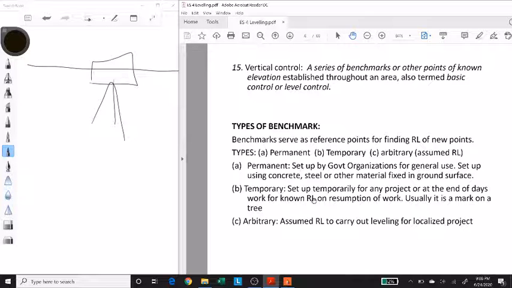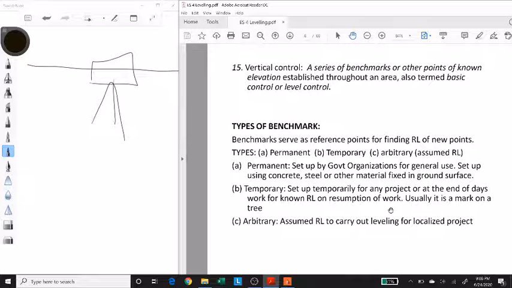Then we have a temporary benchmark. So this is set up temporarily for any project at the end of the day's work. So let's say you're working on a project where you have to find out reduced levels of a number of points, and you need to continue your work over different days. So in that case, at the end of the day, you can mark any point on the ground. It can be a rock, it can be a tree, and you can locate a line.